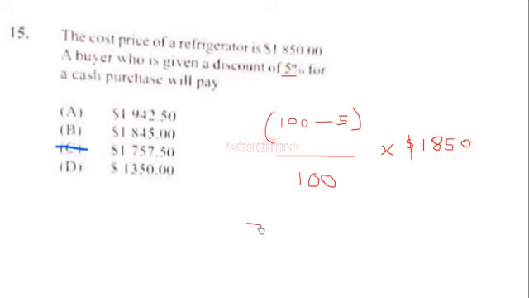Now this will be equal to 95 over 100 times 1,850. Let's look at something: 100 will go here, we'll move the decimal point back two places, so 100 times 18.5. That will be 95 times 18.5, and all these are in dollars.